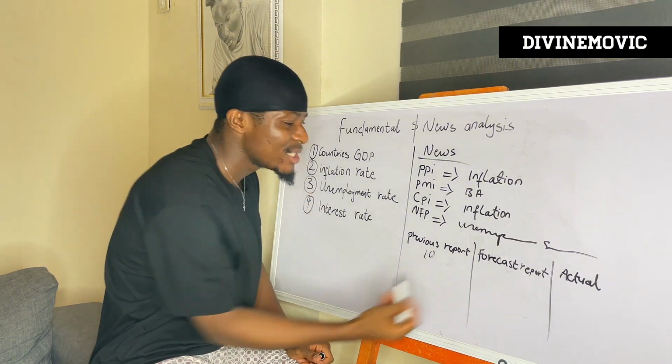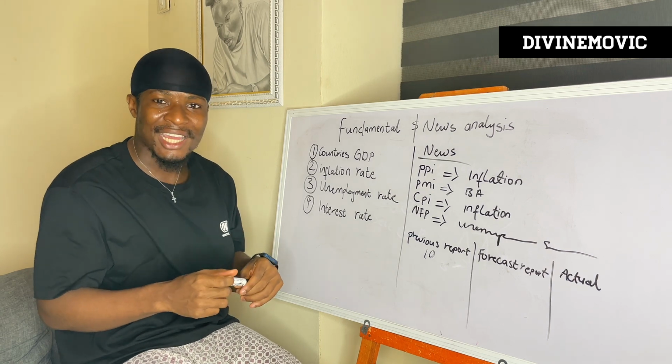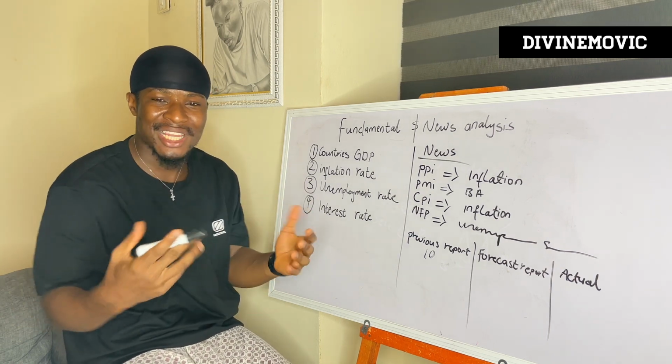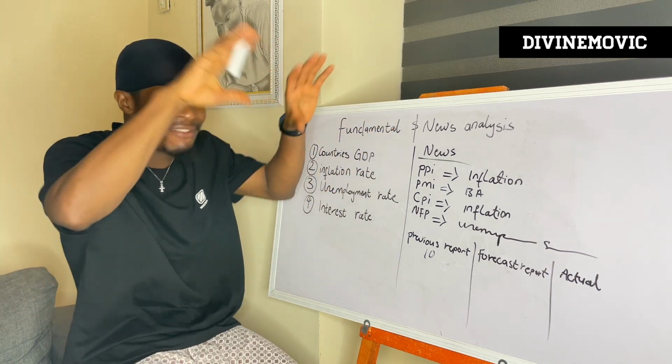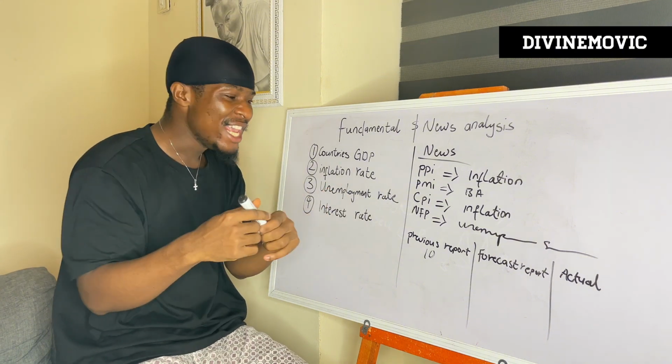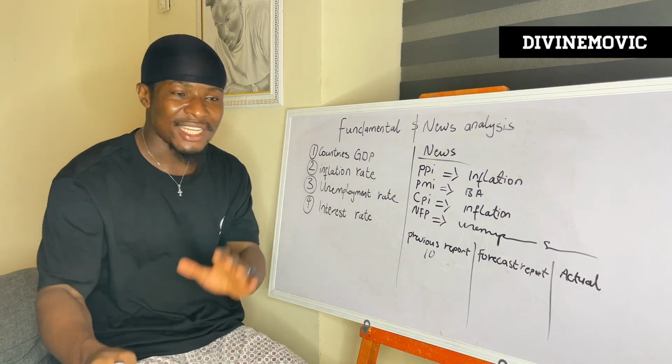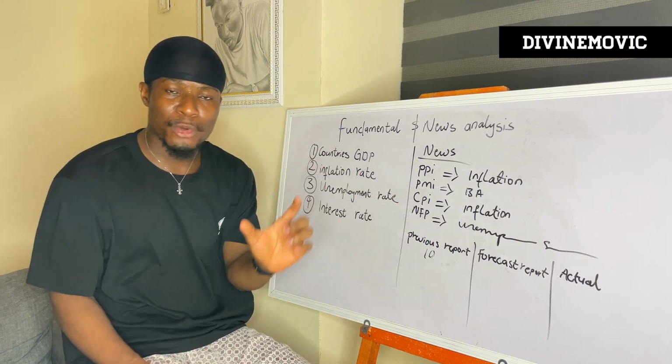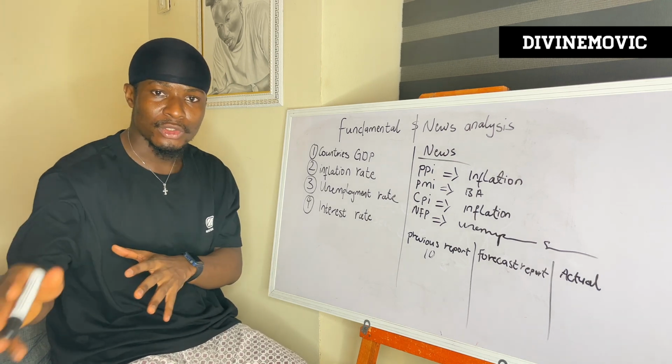Now the forecast report is simply a report where experts or professionals have analyzed the market and are predicting that if this report comes out like this, this is going to happen. If this report comes out this way, that will happen. Do you understand?